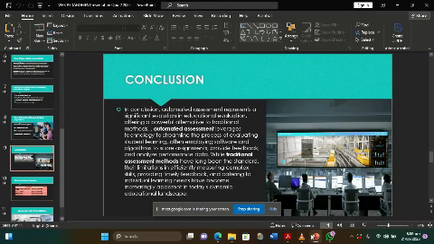While traditional assessment methods have long been the standard, their limitations in efficiently measuring complex skills, providing timely feedback, and catering to individual learning needs have become increasingly apparent in today's dynamic educational landscape.